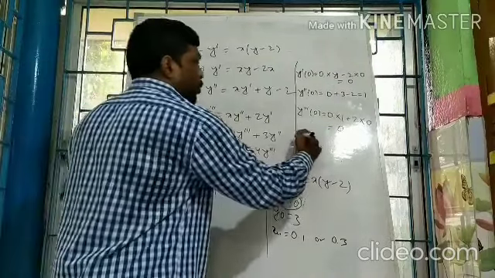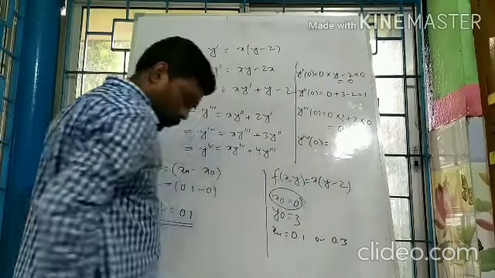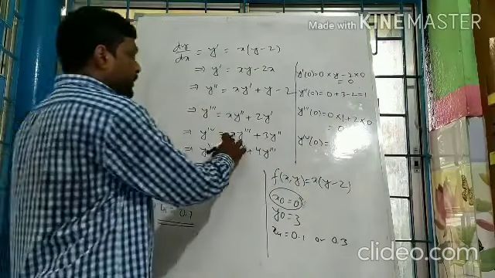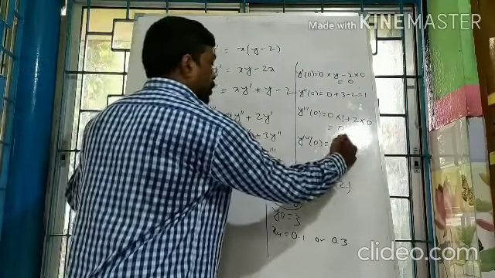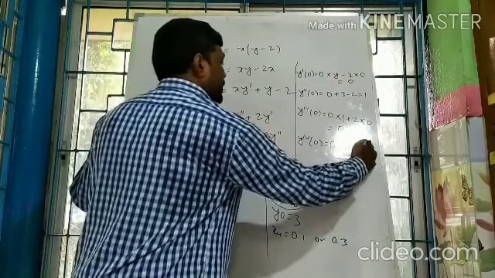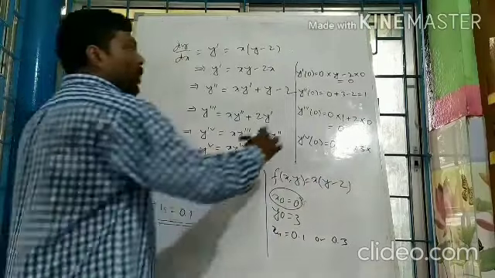Next, y⁗(0). y⁗(0) is 0 into y'''(0), where y'''(0) is 0, plus 3 into y''(0). y''(0) is 1.